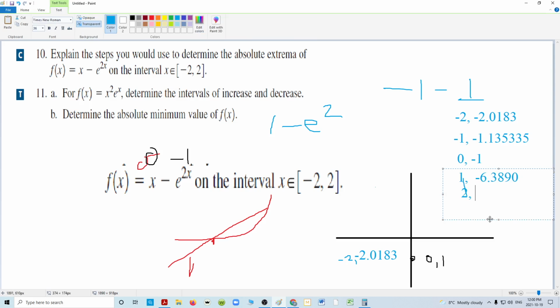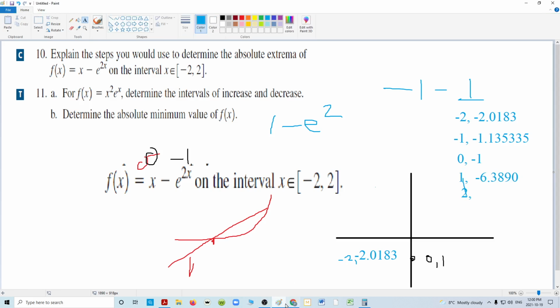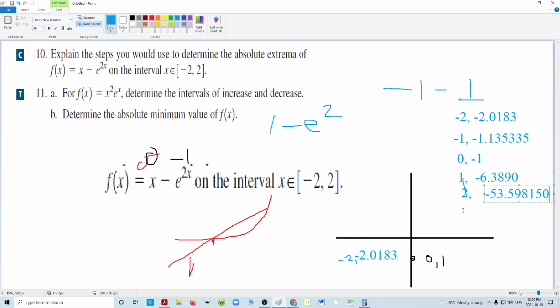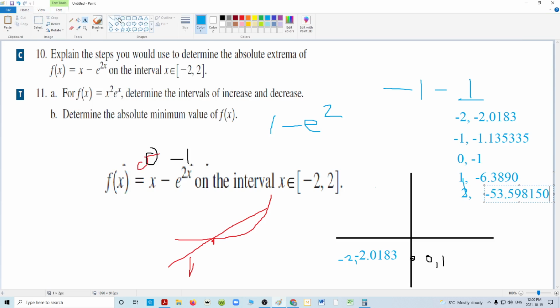And then at 2, you're going to get an exponential growth of that. It's going to be 2 minus e to the 4. Boom, look how much it dives. And that's because the growth curve takes over. So on the left side, if we were to graph this, you're going to see pretty much a line that starts to bend around here.